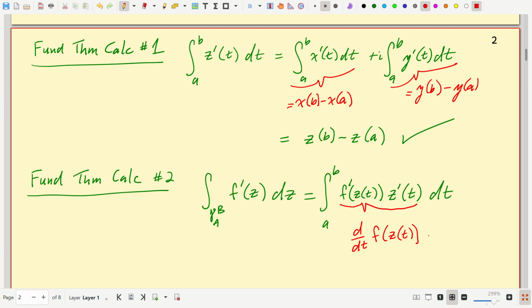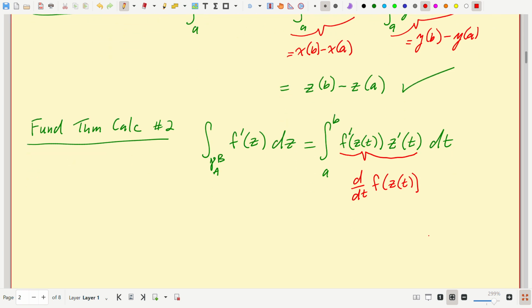And so by the fundamental theorem above, that would be equal to f of z of b minus f of z of a. And sure enough, that is f at the end point minus f at the starting point. So check. Questions about that?